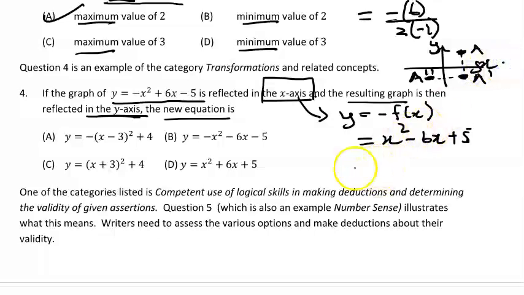For a y-axis reflection, the rule will be y equals f of minus x. Remember that when you reflect in the y-axis, the sign of your x coordinate changes.